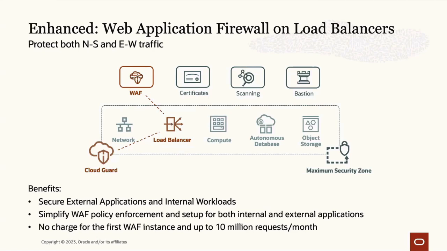So what you can do is simply set one up, try it out for a day or two, see if it seems useful. If it does, you can continue to use it. If you're not getting 10 million requests a month on an application, then you can just use it forever for free.